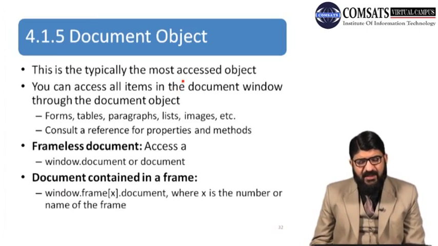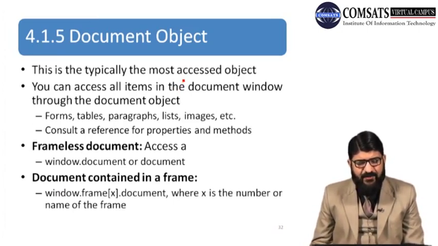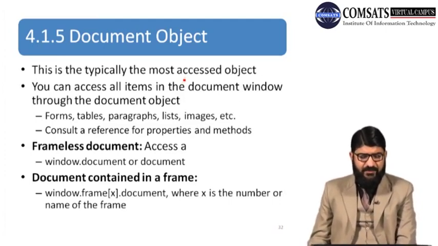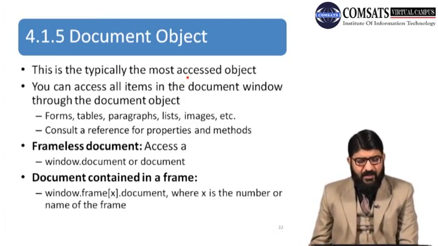So this is basically the typically most accessed object, and you can access all the items in the document window with the use of document.object, and it focuses on forms, tables, paragraph, list, images.